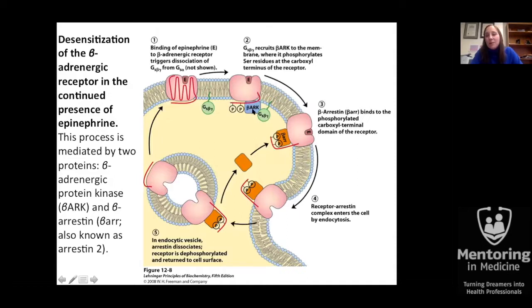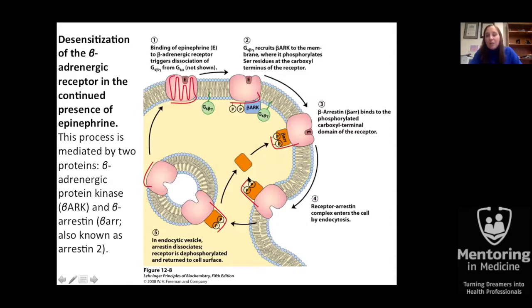Beta arrestin kinase that is recruited to this area by the beta gamma subunit of the G protein results in phosphorylation of these two residues. As a result of those two residues being phosphorylated, a different protein called beta arrestin, or we call it BAR, will bind to those phosphorylated residues.